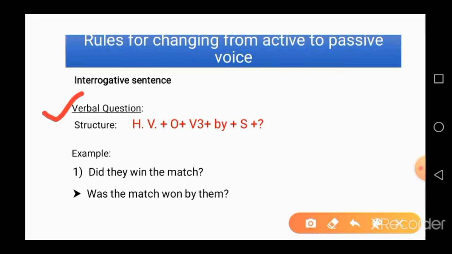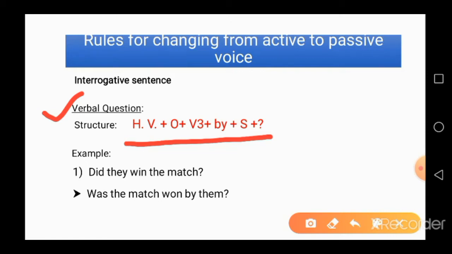First is verbal question and the second is WH question. Here in this slide we learn passive voice of verbal question interrogative sentence. See, here you can watch this structure of verbal question passive voice.